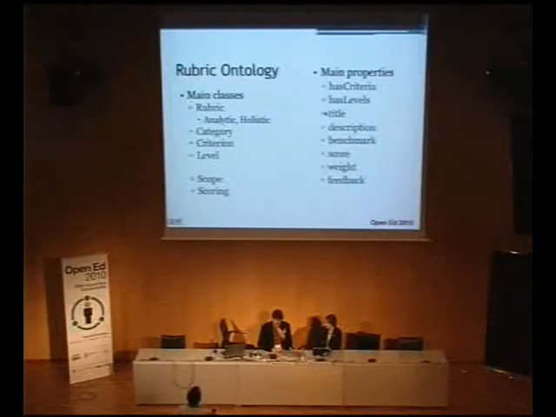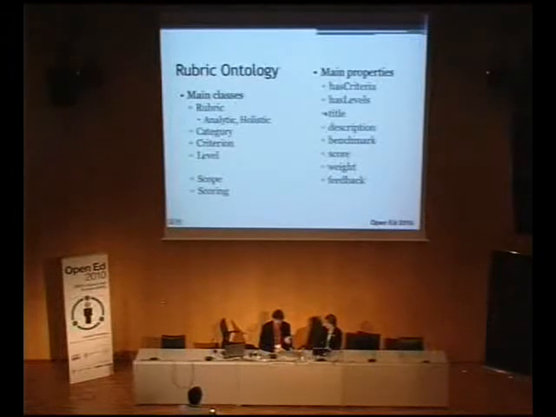So we've decomposed a couple of different types of rubrics, the analytic and holistic, as Megan had mentioned. There are a couple of other minor types that we're still struggling with in how we would model those. And from the rubric down to the next level of information architecture, we've got criteria, levels, scope, scoring, and this is in the paper too.